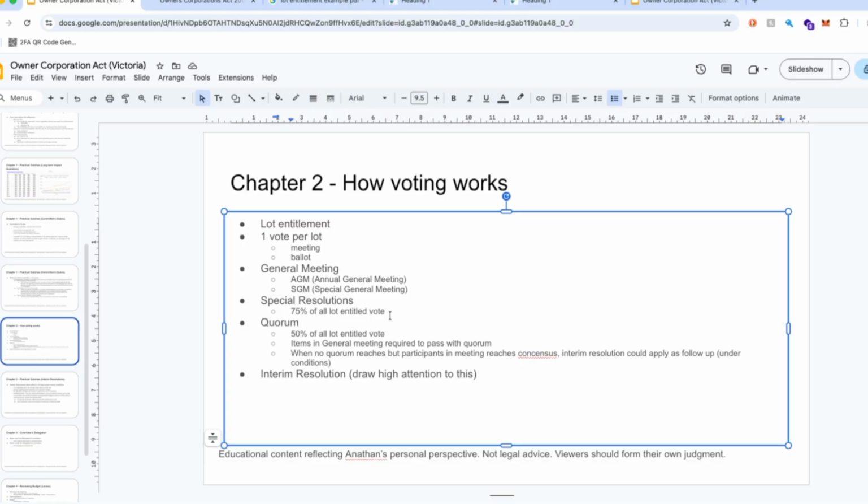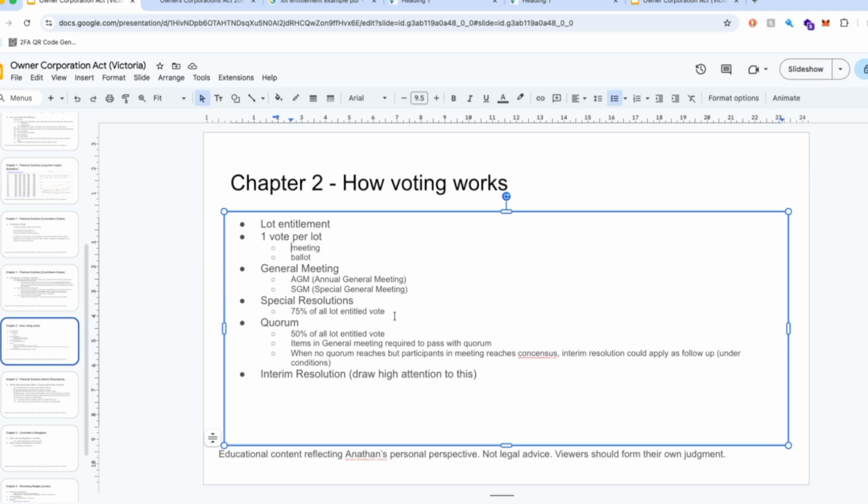Without that, it's likely a bad act could happen, acting on behalf of the OC when the OC is actually a representation of all the owners.